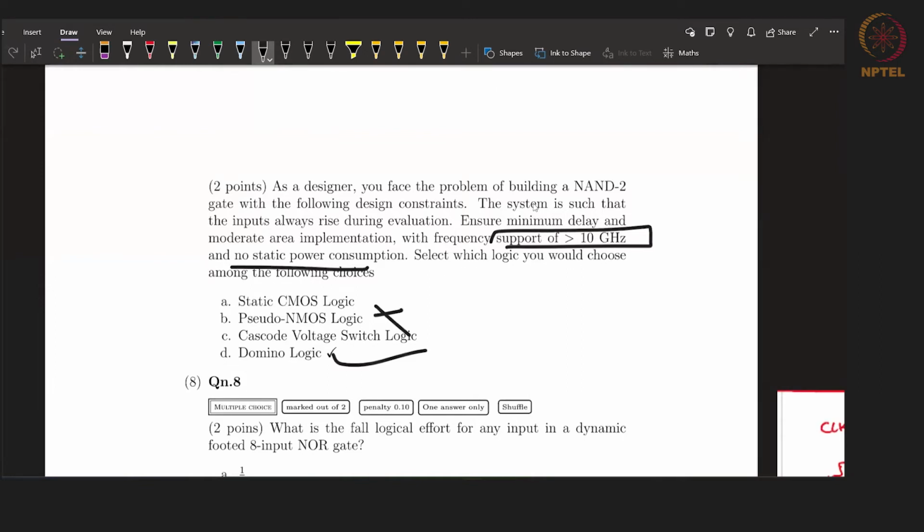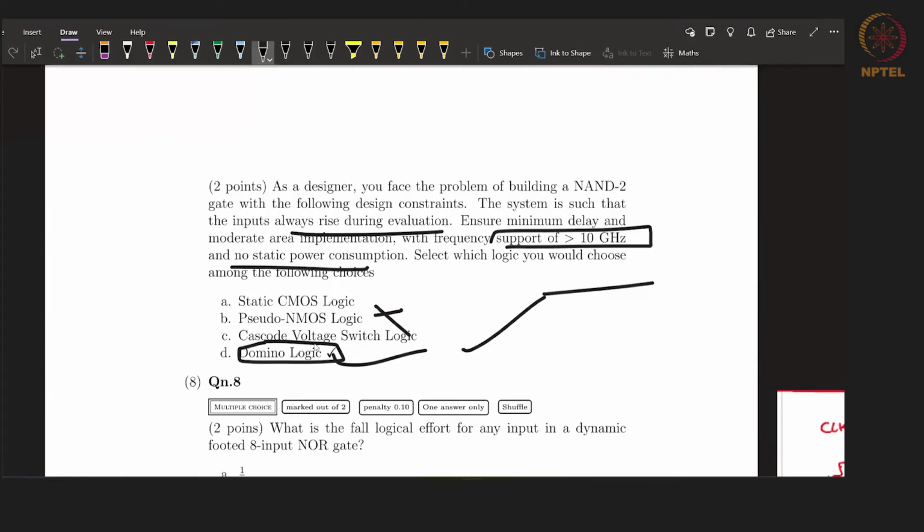Okay, then you're saying this is such that the input always rise during evaluation. So since it's only rising during evaluation, you could go with a domino setup where you can always prioritize the rise, right? Ensure minimum delay and moderate area implementations.